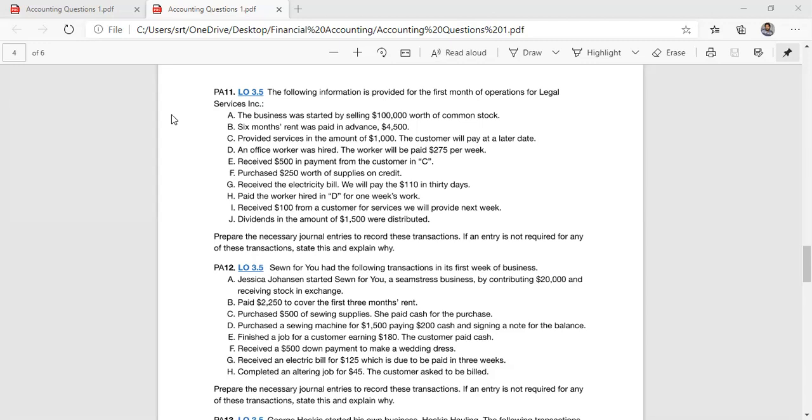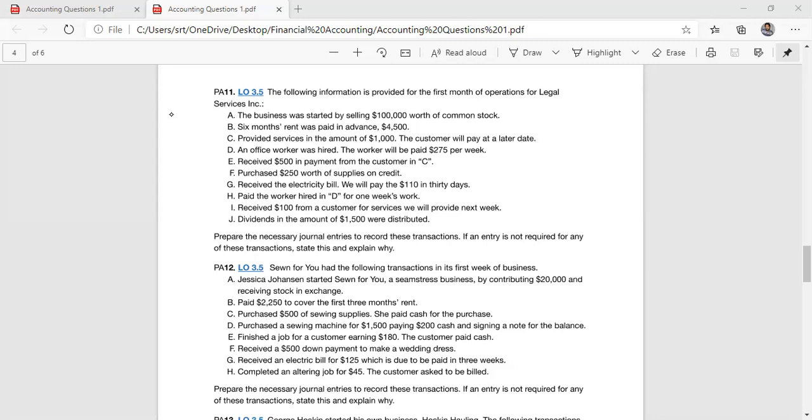The next transaction is receive the electricity bill. He will pay the 110 in 30 days. Pay the worker hired in D for 1 week's work. And then receive $100 from a customer for services we will provide next week. And dividends in the amount of 1,500 were distributed.